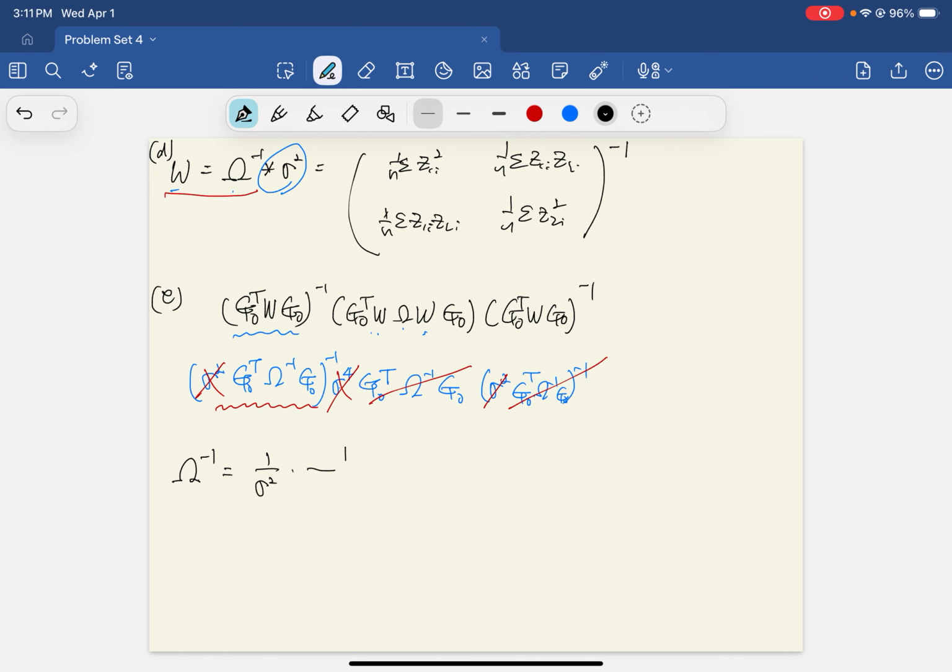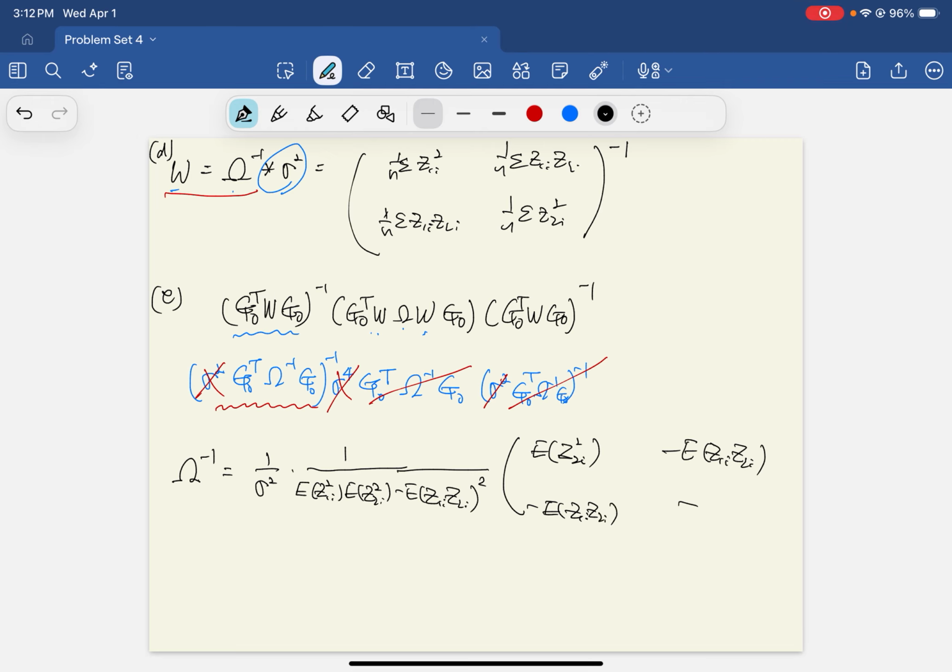And then expectation z1i squared times expectation z2i squared minus expectation z1 z2 squared. This is the determinant. And then expectation z2 squared, minus expectation z1i z2i, minus expectation z1i z2i, expectation z1i squared.